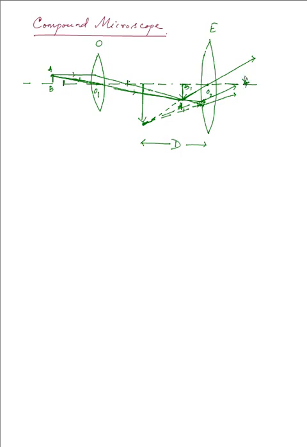This is the eye of the observer who is observing it. And the light rays, after getting refracted, diverge to the extent that I have shown, and when produced backward, they form an image that I have shown over here.